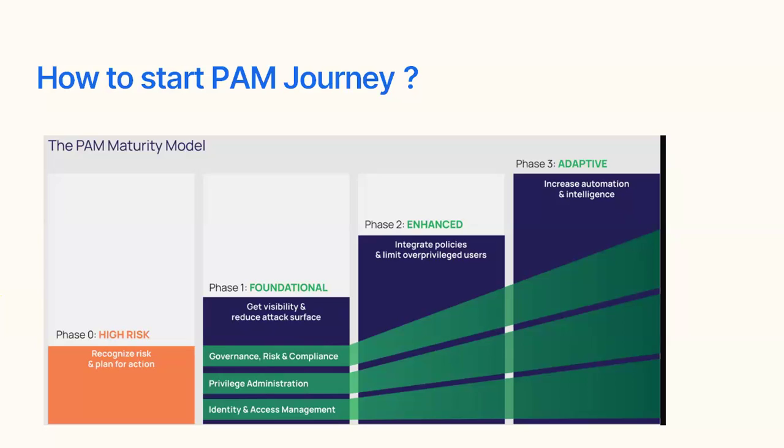Most organizations nowadays are at this foundation level. Many years back, maybe 10 years back, most organizations were at phase 0, when everything was done manually. But to err is human, so whenever there is manual work, there are chances of mistakes. In one project I worked on, privileged user removal had to happen within 24 hours after the user leaves the organization, so there was a lot of manual work.